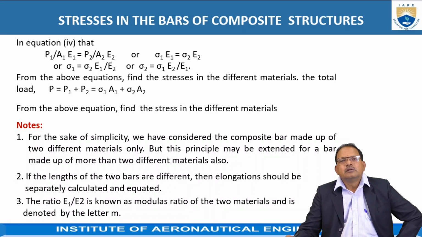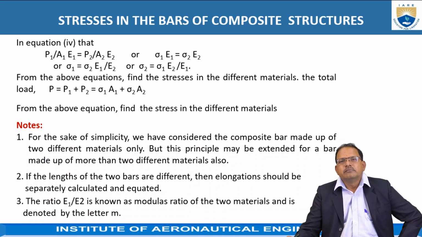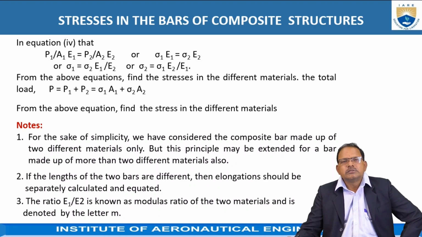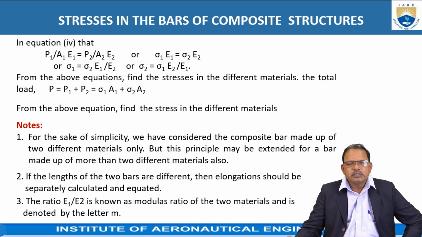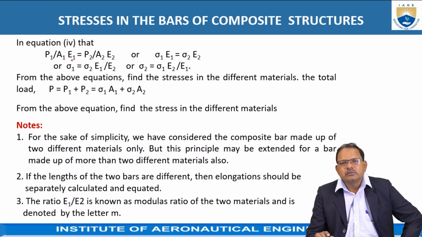Since the strain produced in each metal is the same, because each metal produces the same elongation or contraction depending on the type of load, the strain remains constant, which can be written as P1 divided by A1 E1 is equal to P2 divided by A2 E2.